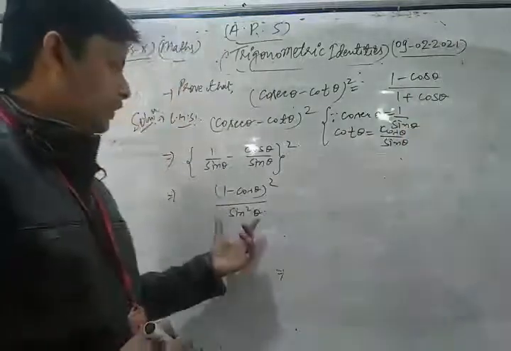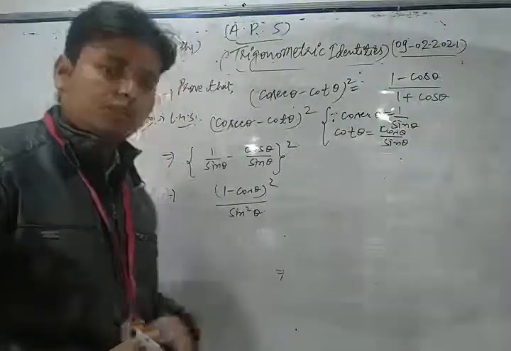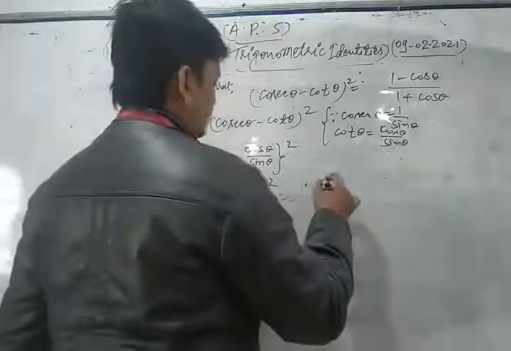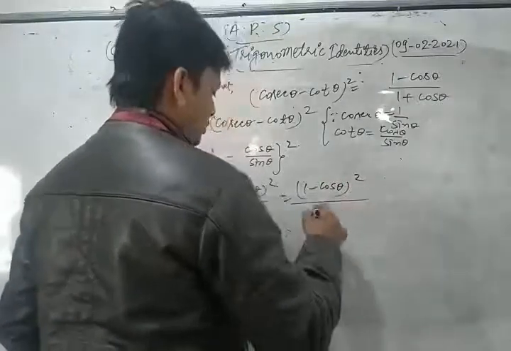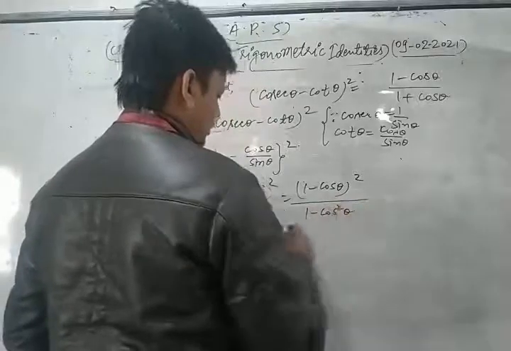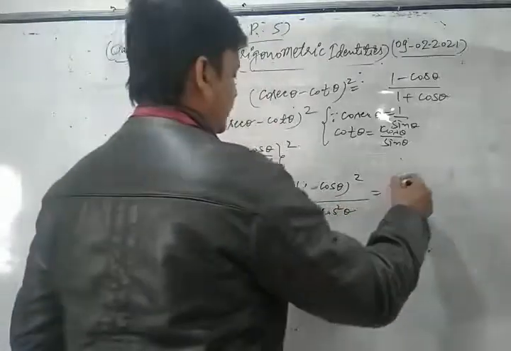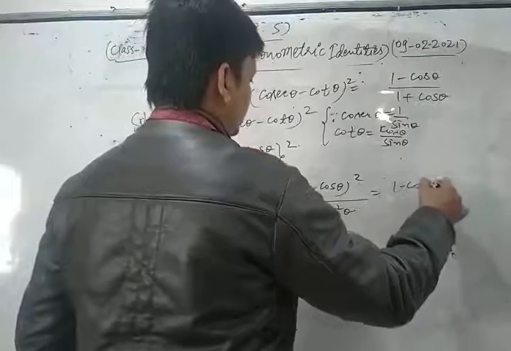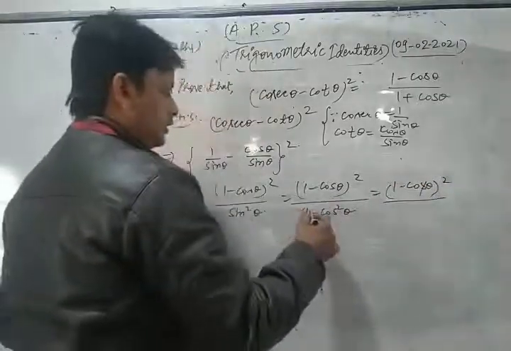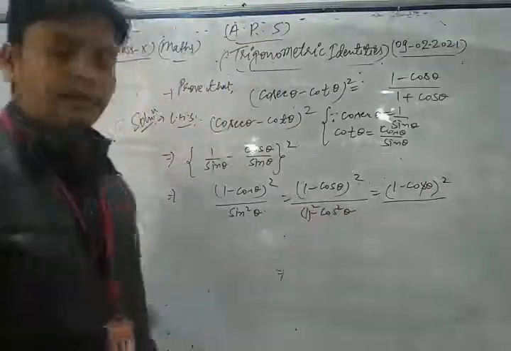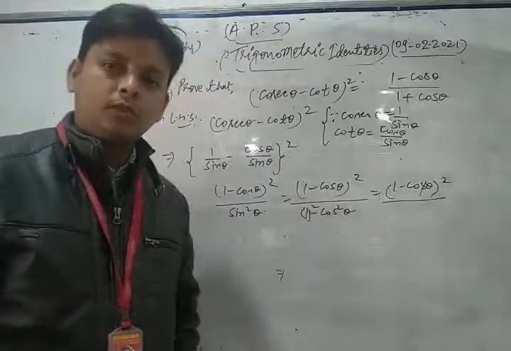Now we want to prove the result in the form of cosine, so we convert sin square theta as 1 minus cos square theta. So we write (1 minus cos theta) whole square upon (1 minus cos square theta). Okay, using a square minus b square, we can write 1 minus cos theta into 1 plus cos theta.